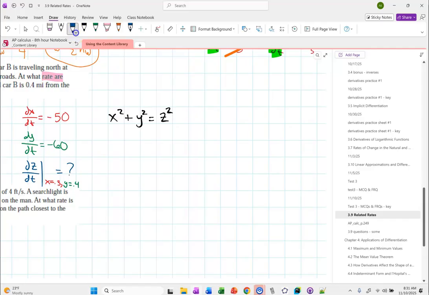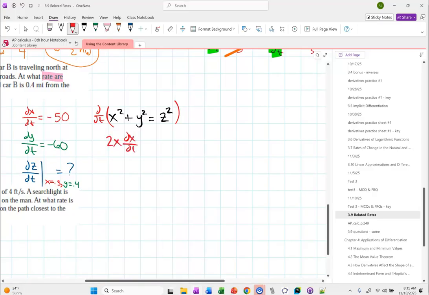Now that we've done that, we'll differentiate with respect to time. What is the derivative of x squared? 2x dx/dt. And the derivative of y squared? And the derivative of z squared?